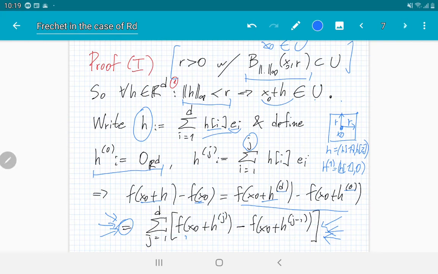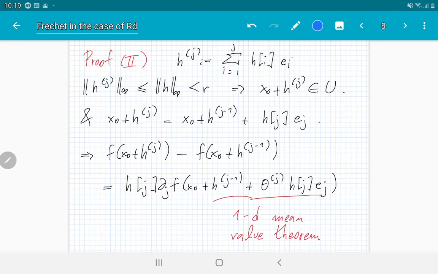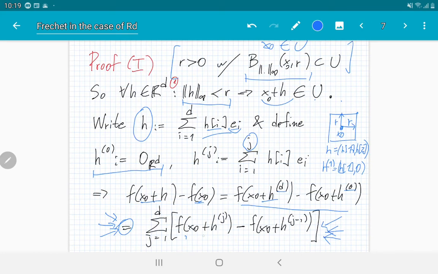Now, the fact that we're using the cube, the infinity norm, is going to be useful now, because of course, if I want to write this, I need to make sure that these x_0 + h_j belong to U for all the h that I consider.